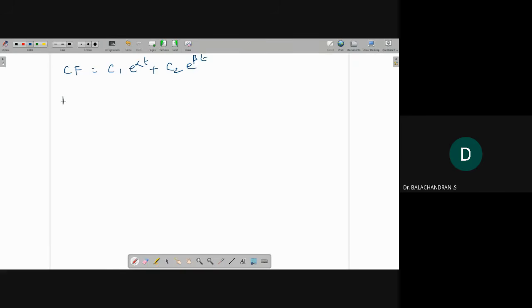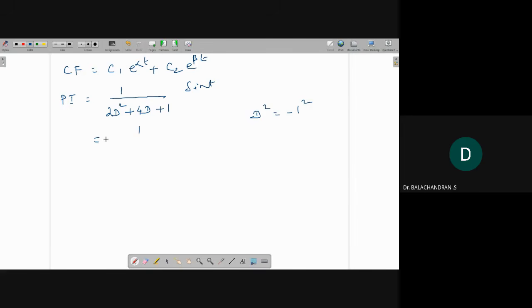Okay, now the particular integral. So 1 by 2D square plus 4D plus 1. The right hand side function is sin t, so now this is type 2. So replace D square by minus 1 square.